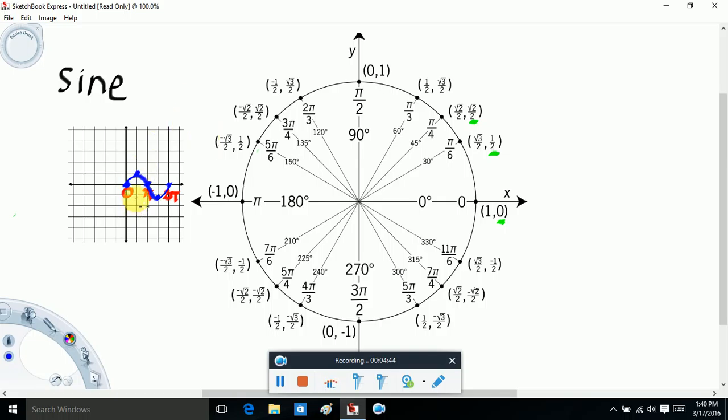So you can see that the sine value goes up. So you can imagine if we find the y value here, it's going to go up, right? It's going up, up, up until it reaches a value of 1, which is right here.